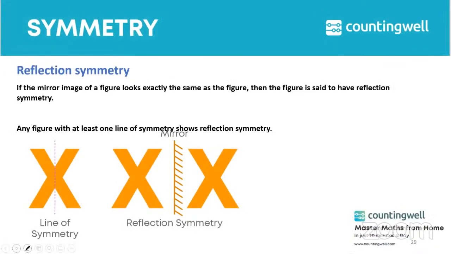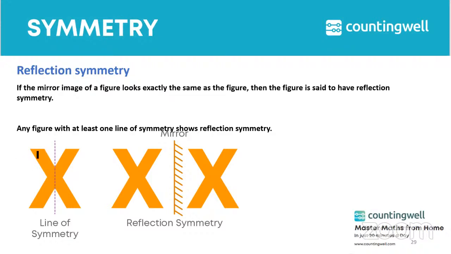Let us see what is a reflection symmetry. We know that if the mirror image of a figure looks exactly the same as the figure, then the figure is said to have reflection symmetry. And any figure with at least one line of symmetry shows reflection symmetry.